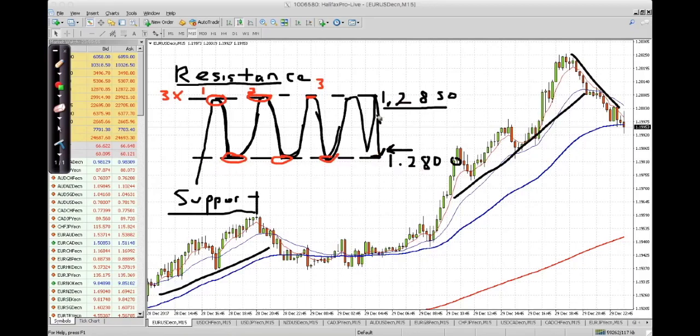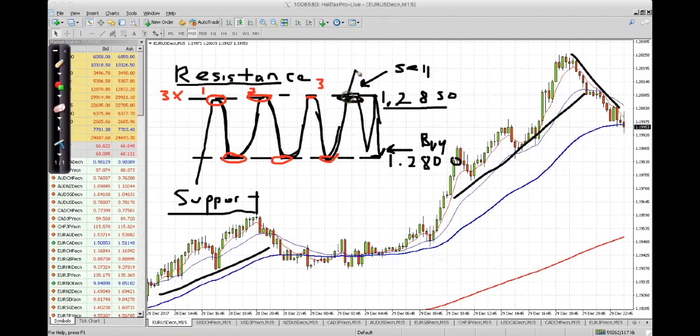Similarly, when a price goes up and hits a resistance, we want to be a seller at that level. So we're going to sell at resistance, we're going to buy at support. And this is especially so for the strategy of trading the range, which is one of the strategies you learn in this course.